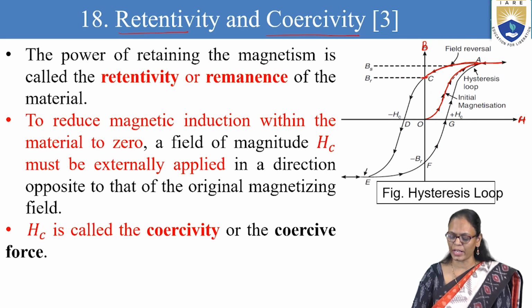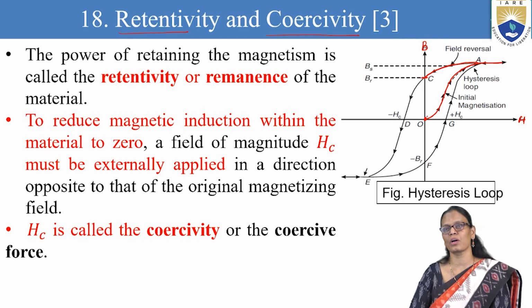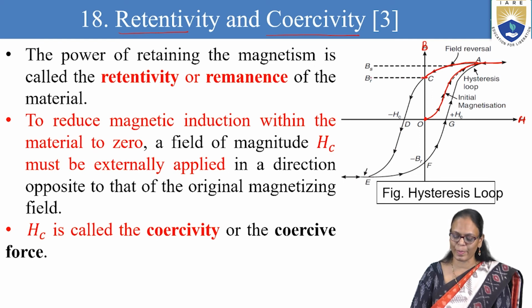At this point, the applied field H is equal to 0. H is 0 here, but B is not 0. Even when the applied field is withdrawn, there is still some magnetism left in the material, which we call residual magnetism, BR.